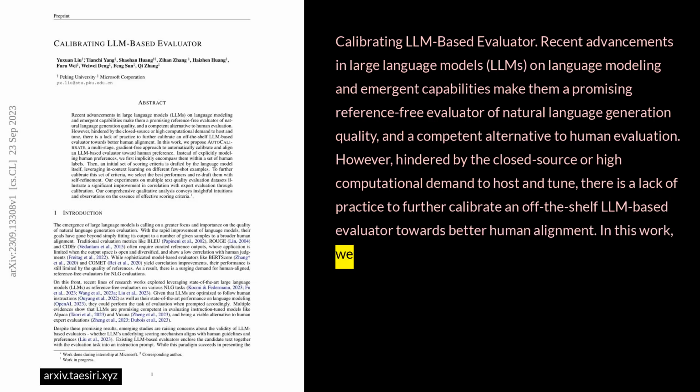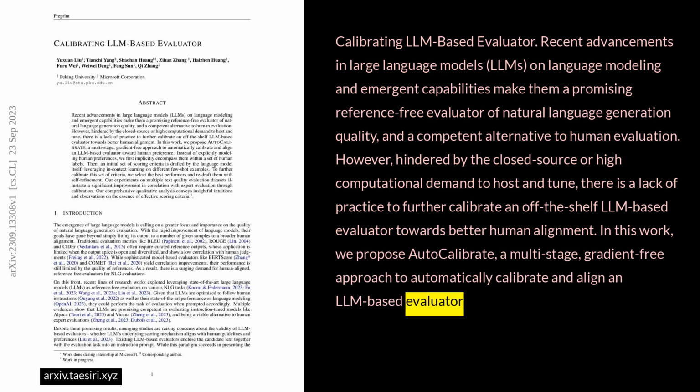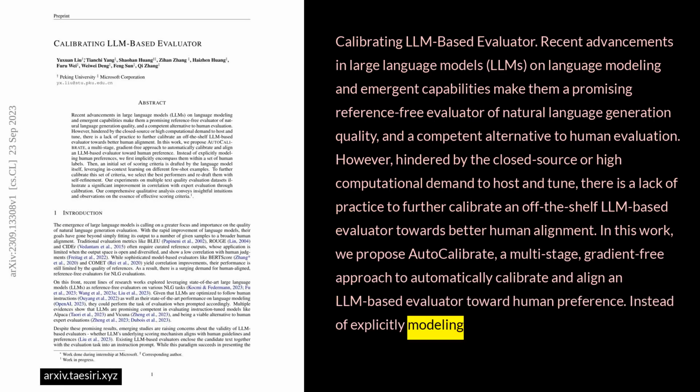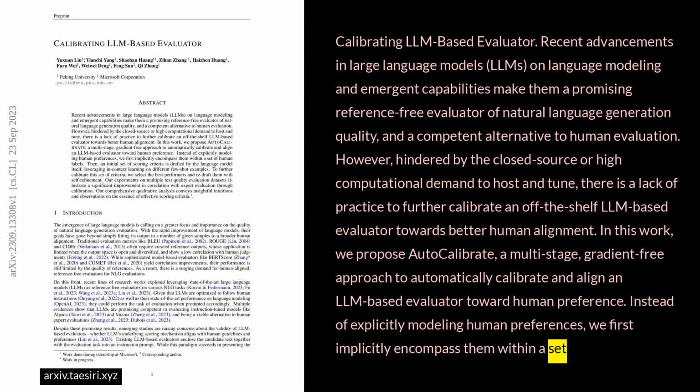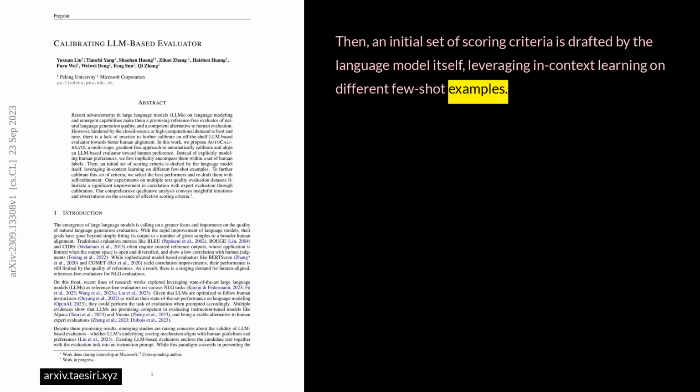In this work, we propose AutoCalibrate, a multi-stage, gradient-free approach to automatically calibrate and align an LLM-based evaluator toward human preference. Instead of explicitly modeling human preferences, we first implicitly encompass them within a set of human labels. Then, an initial set of scoring criteria is drafted by the language model itself, leveraging in-context learning on different few-shot examples.